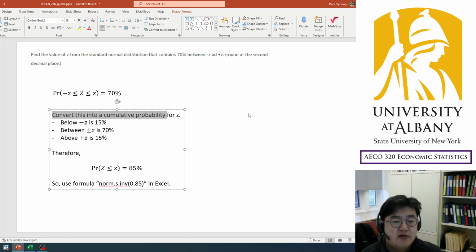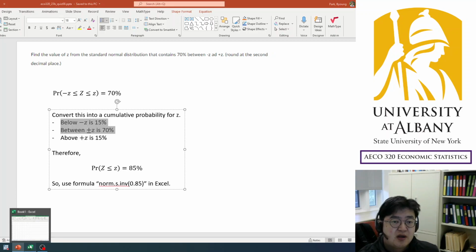That is what we have done in the earlier chapters. Above z is 15%, but below lowercase z is 15 plus 70%, so it will be 85.